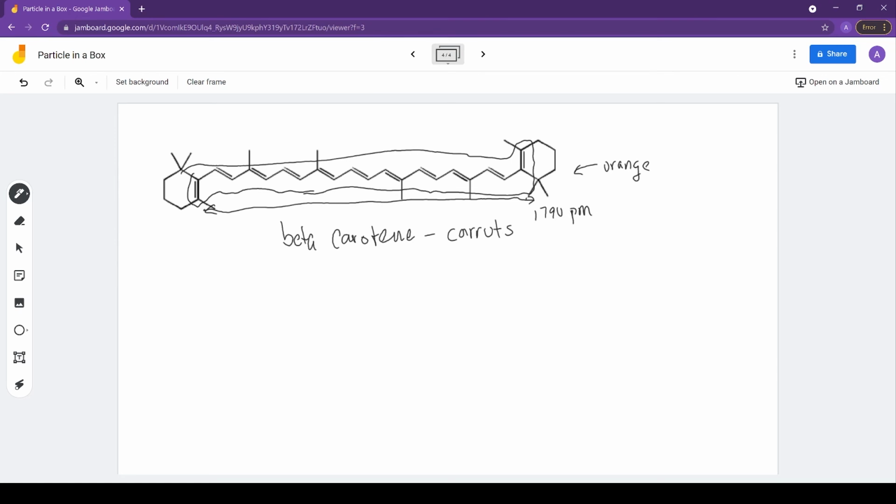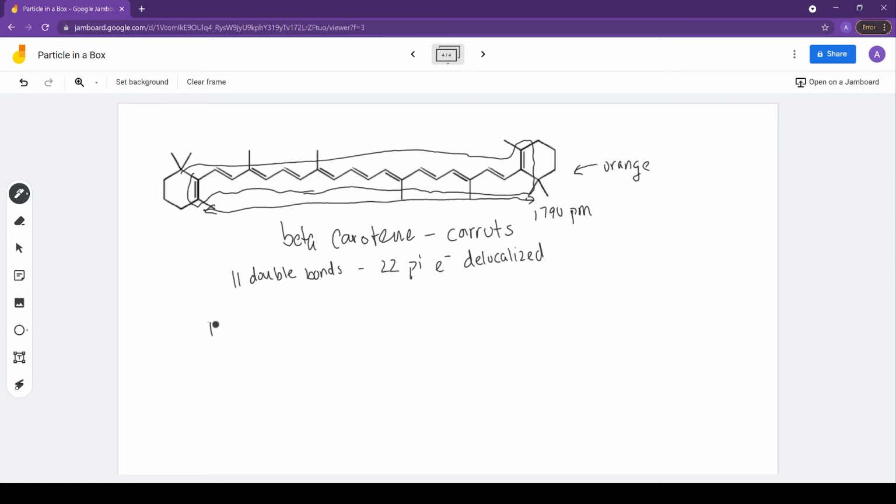If you count the number of double bonds, we have 11 double bonds. This means there are 22 pi electrons that are delocalized and free to move around this one-dimensional box.